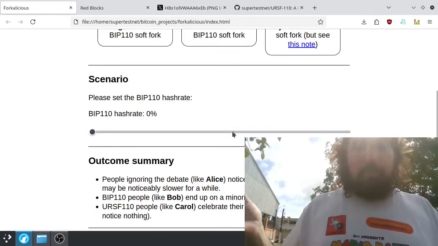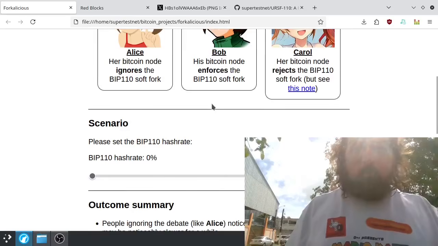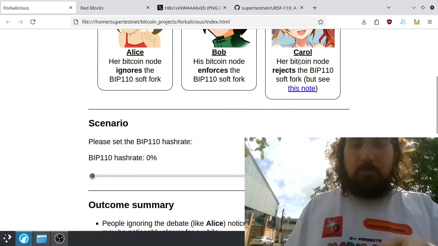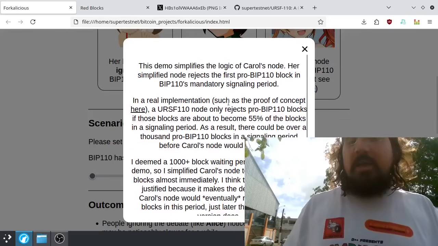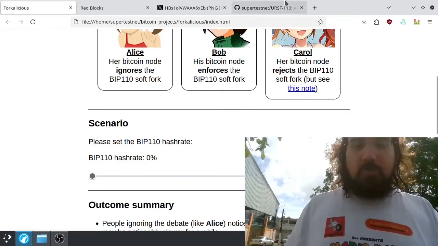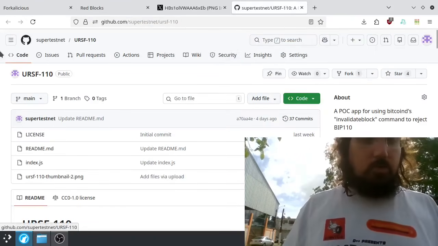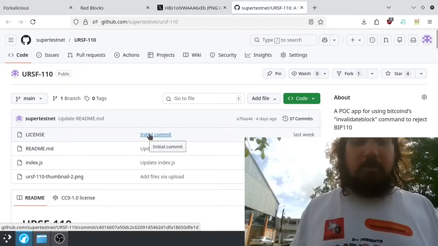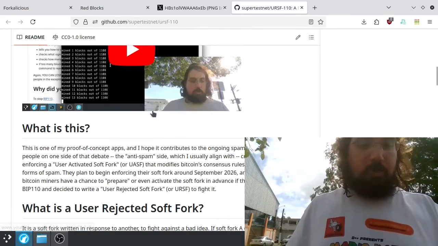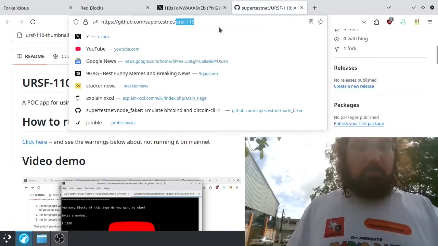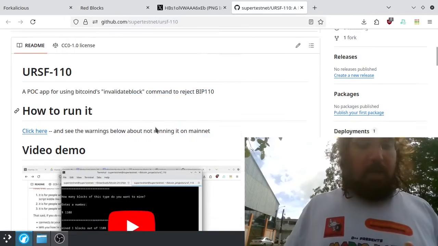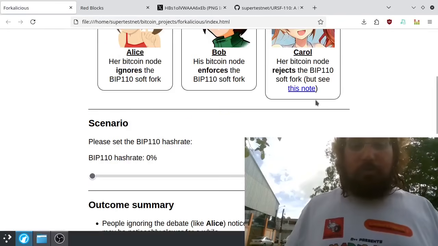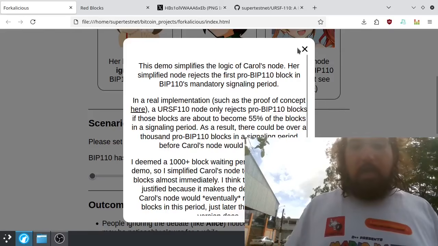Okay, so I just wanted to show you that and make one note. Carol's node, the user rejected soft fork, has a little note here that explains what it's doing. It's been simplified. The actual code for running a user rejected soft fork was proposed by Aaron Van Wirdum, and I implemented a proof of concept of it in this GitHub, the user rejected soft fork 110. You can find a link below. It's a little different from how I made Carol's work.